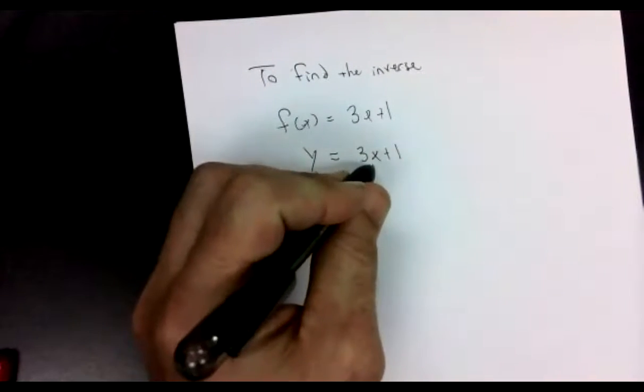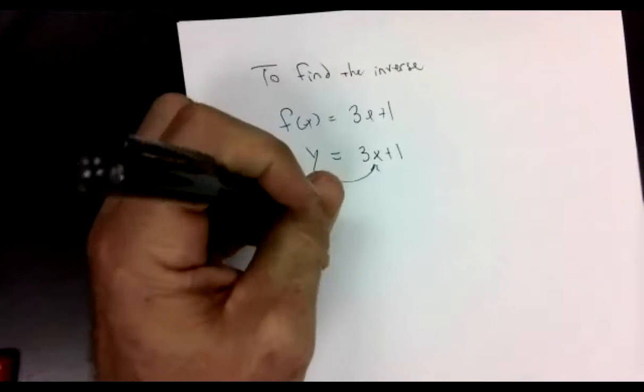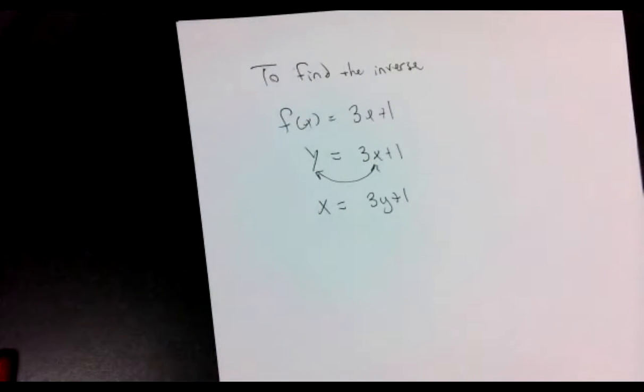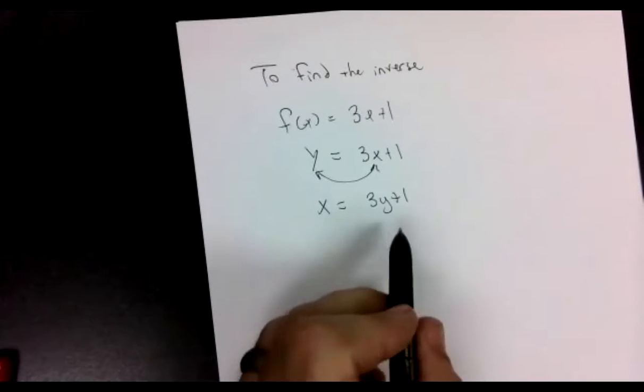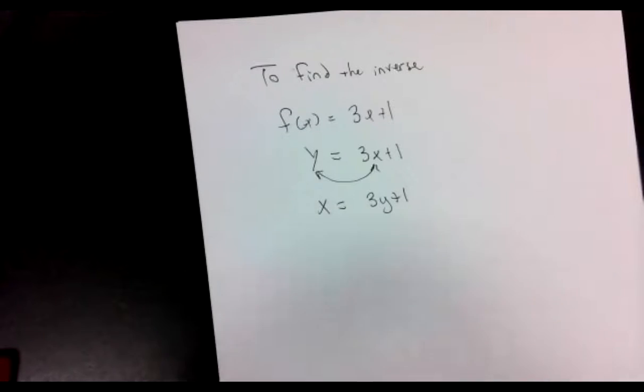Then we're going to switch our x and our y. And then we want to solve for y, meaning we want to get the y by itself.